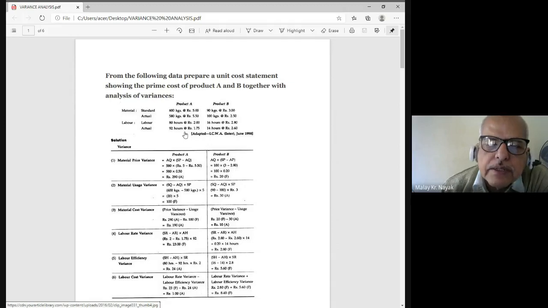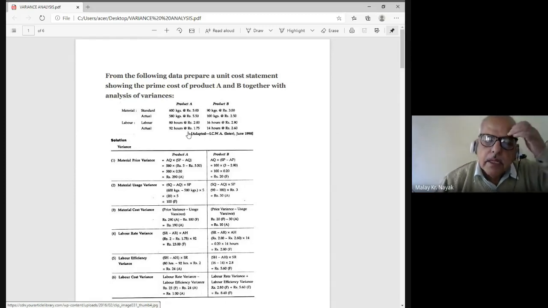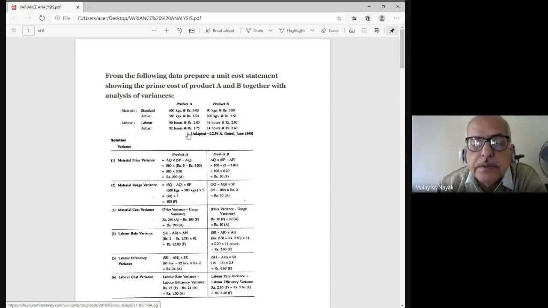Open your khata. Labor cost variance equals actual labor cost minus standard labor cost, ALC minus SLC.